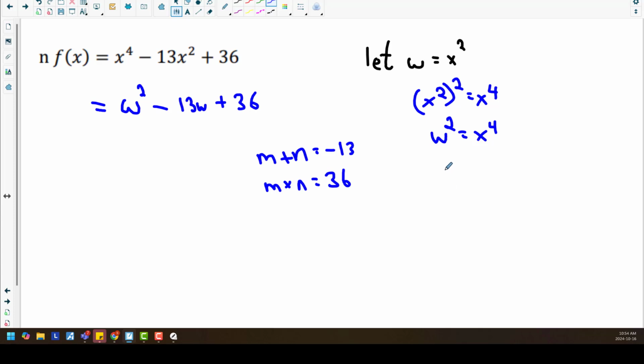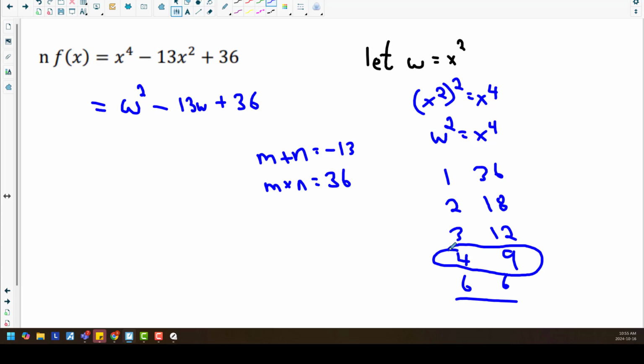Okay, so for 36, we have 1 and 36, 2 and 18, 3 and 12, 4 and 9, 5 doesn't go, 6 and 6, and once you get to the halfway point, 6 and 6, numbers are technically repeating, so we can stop there. So these are all the factors of 36, and okay, it's actually going to be 4 and 9. Hopefully you guys can see that.